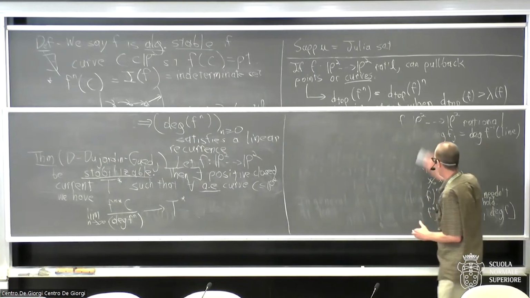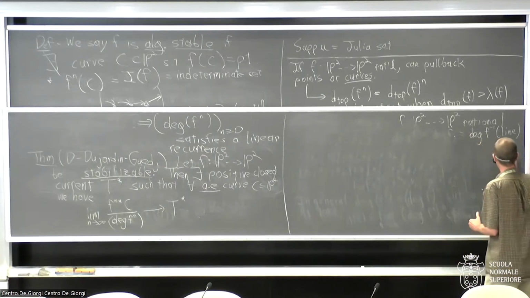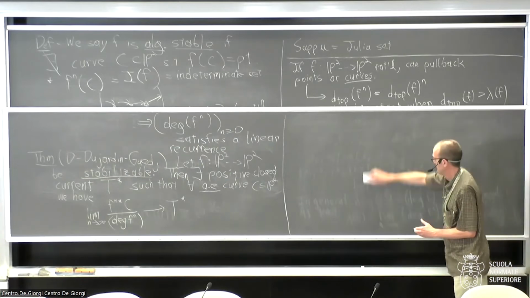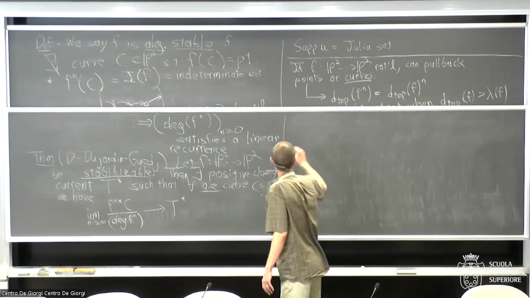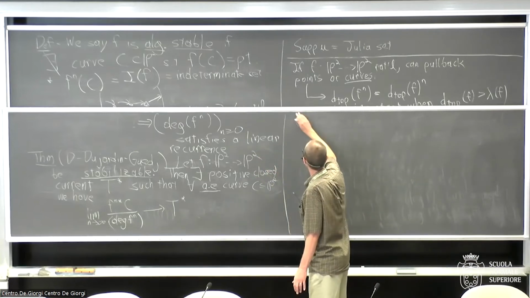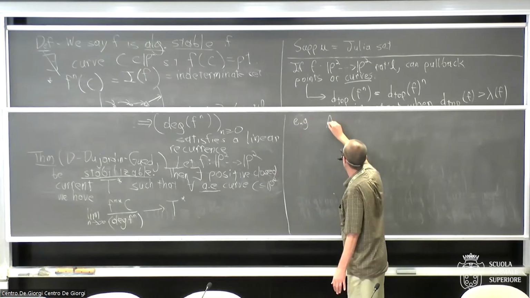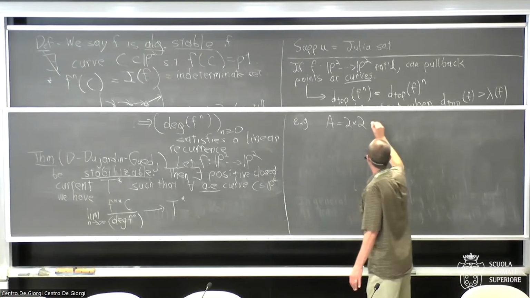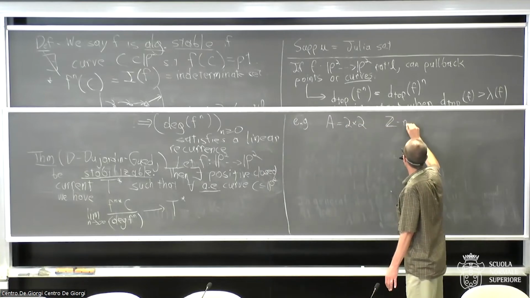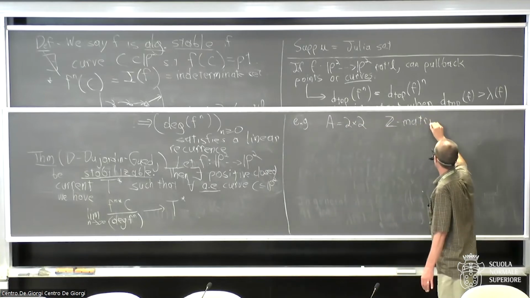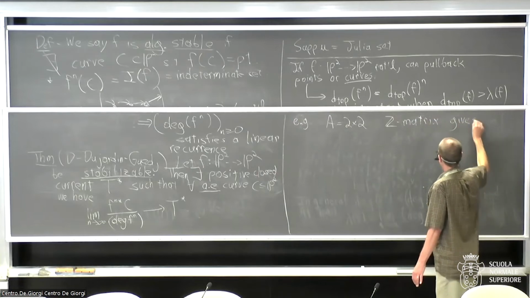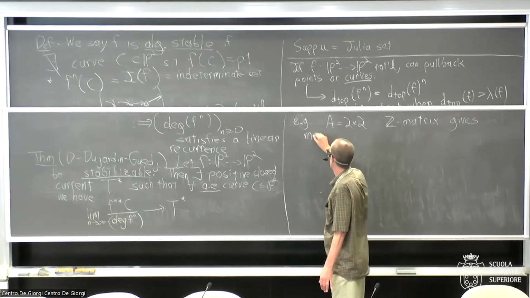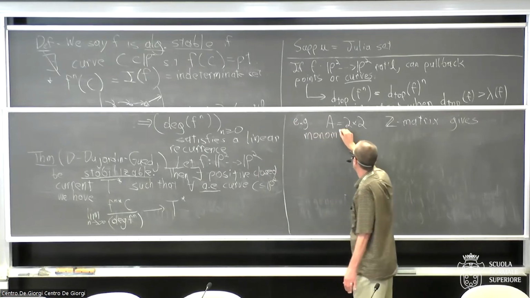All right, so let's see how much further we can go with this. There's a specific kind of map that is a problem for this theorem. So here's a big class of examples. If you have a 2x2 integer matrix, this gives you a rational map as follows, a rational map which I will call monomial.